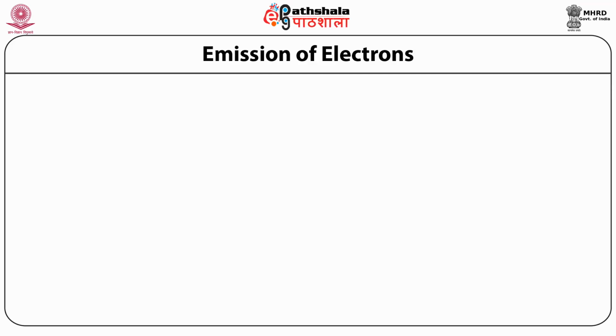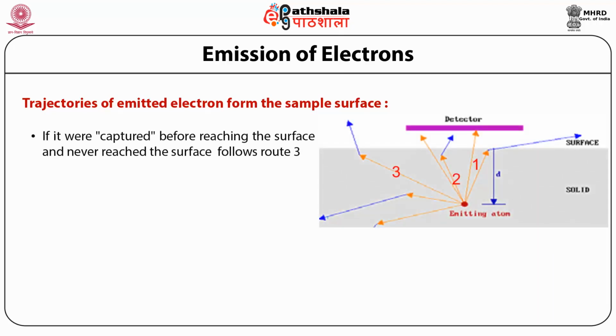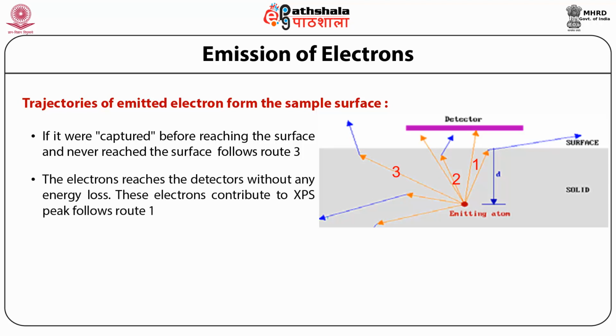About the emission of electrons: trajectories of emitted electrons from the sample surface. Number 1, if the electron is captured before reaching the surface and never reaches the surface, it follows route 3. Number 2, if electrons reach the detector without any energy loss, these electrons contribute to the XPS peak and follow route 1.